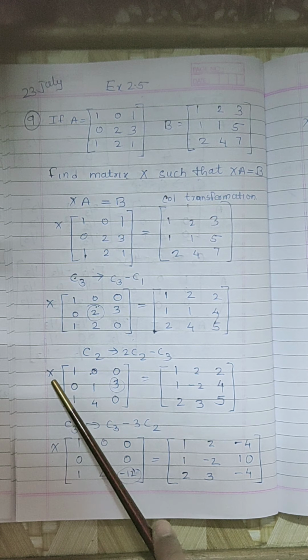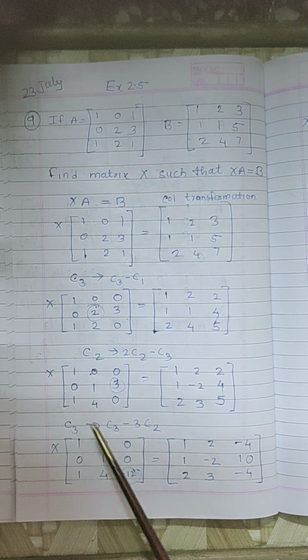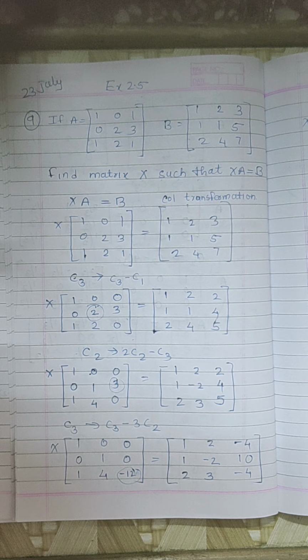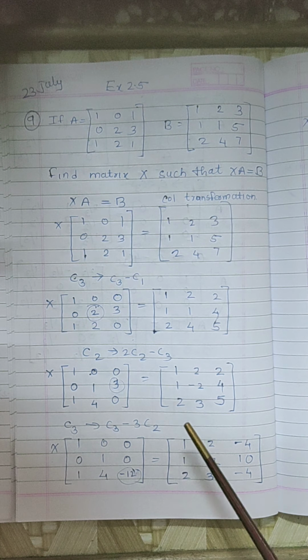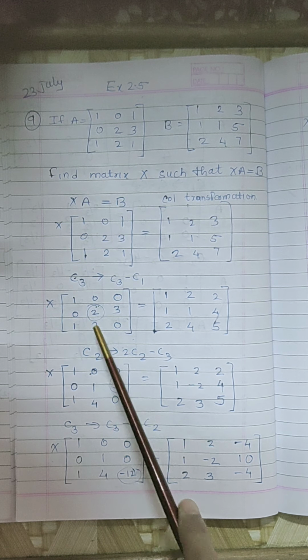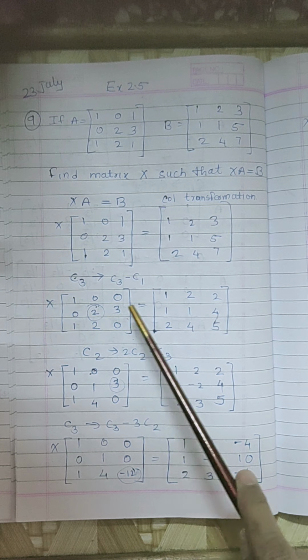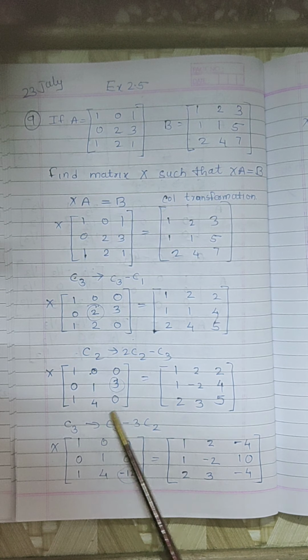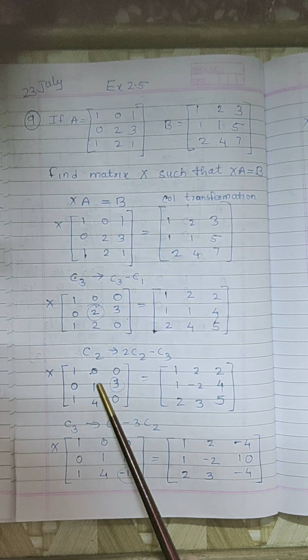So X as it is, C1 and C3 as it is, and C2 changes to 2C2 minus C3. This 0 will remain 0. Then 2 2s are 4 minus 3 is 1, and 2 2s are 4 minus 0 is 0. So this has become 1.